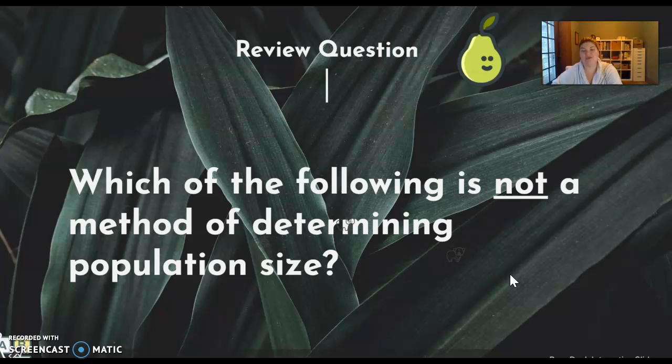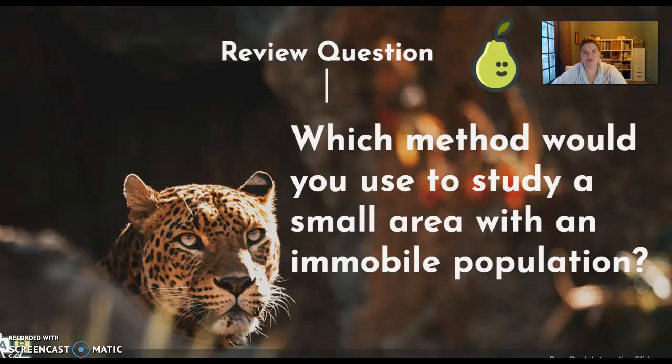Just to recap, the four methods of determining population size would be direct observation, indirect observation, sampling, and mark and recapture. So whichever one is not one of those. Which method would you use to study a small area with an immobile population?